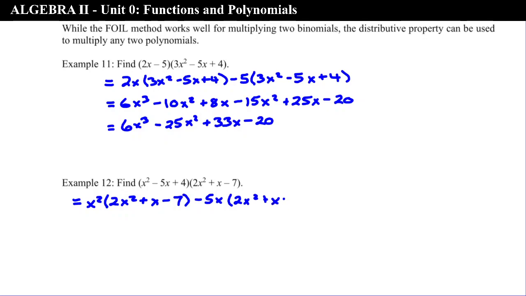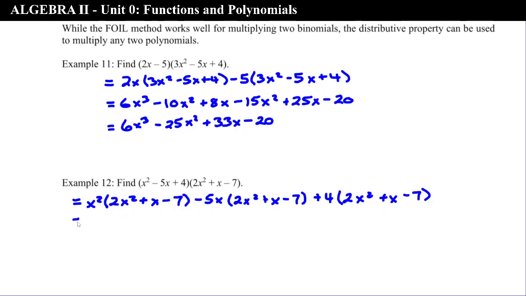Plus x minus 7. There we go. And now let's do plus 4 as our third term. So you'll see that we have one more set of a monomial times a polynomial to take care of.